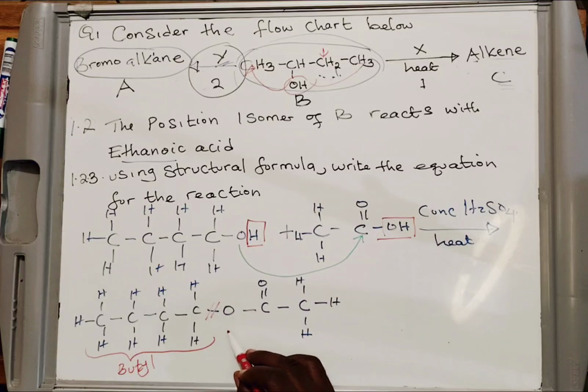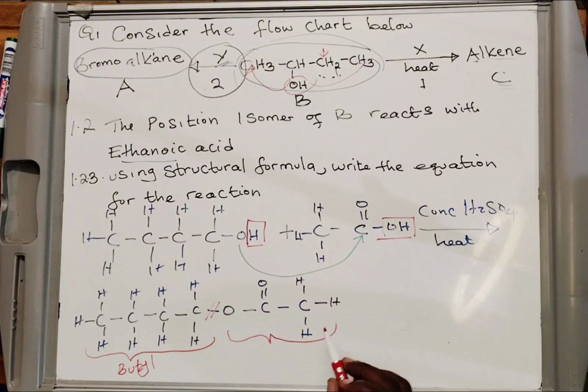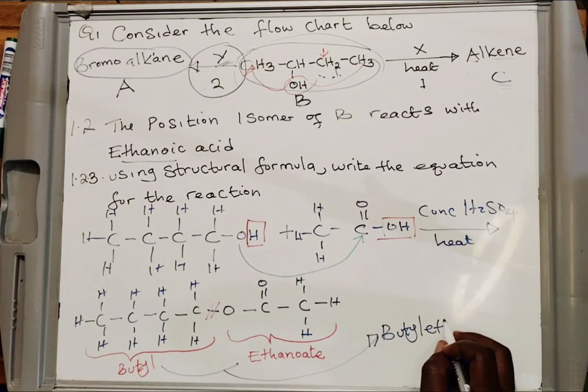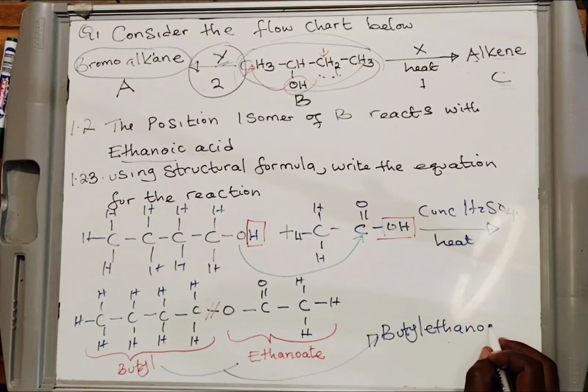This one has 2 carbon atoms and it is ethanoate. So the name is obtained by combining these two, and it must start with alkyl. So the IUPAC name of the ester formed is butyl ethanoate.